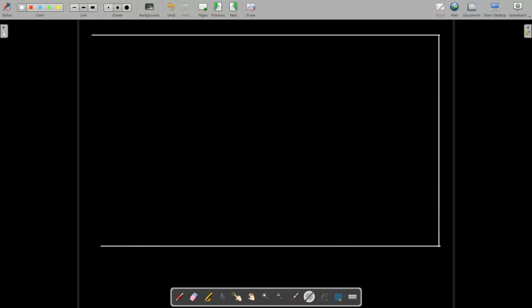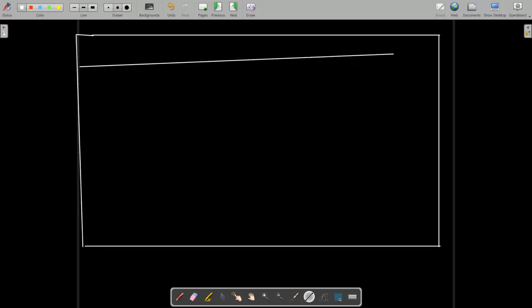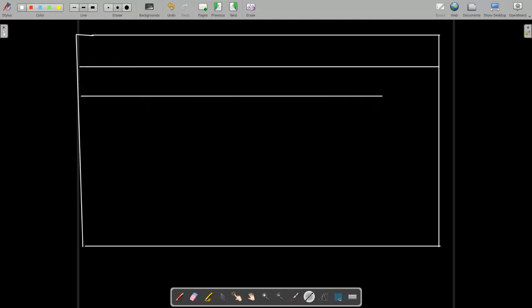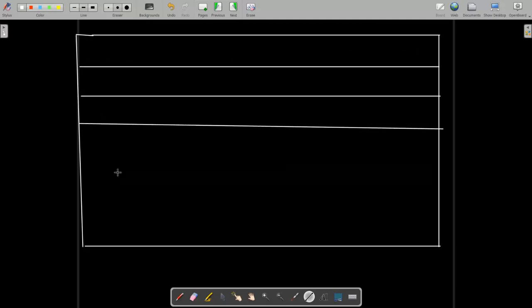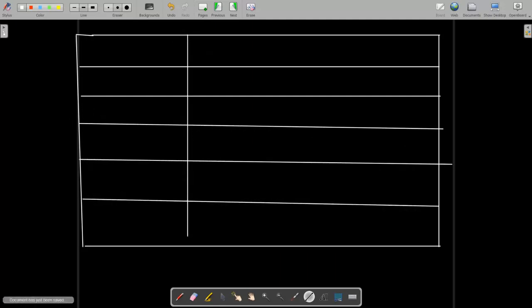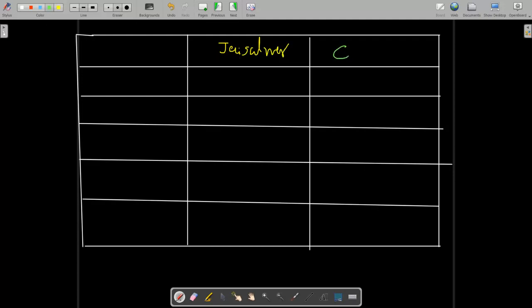So make a table like this, with Jaisalmer and Chennai.